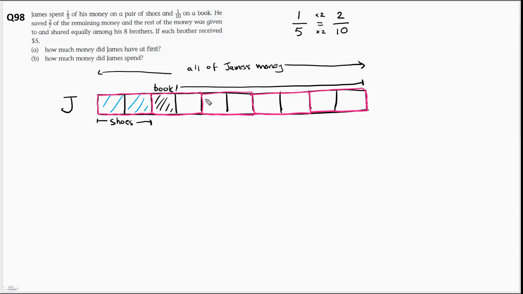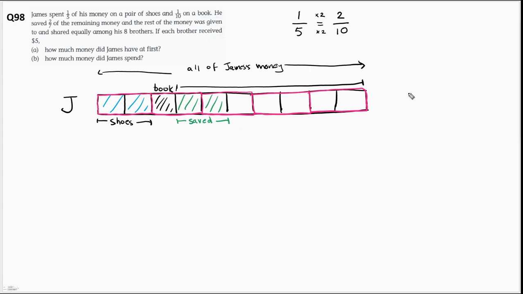And let's count how many parts there are in this remaining money. 1, 2, 3, 4, 5, 6, 7. Well, there are 7 parts. So if we think of the remaining money as one whole, then it's already split into sevenths. And we are told that he saved 2/7. So that's 1 and 2. So this is what is saved.